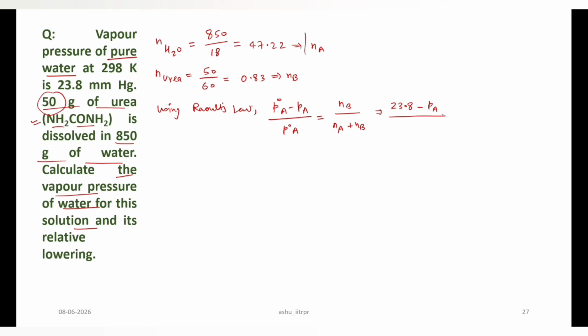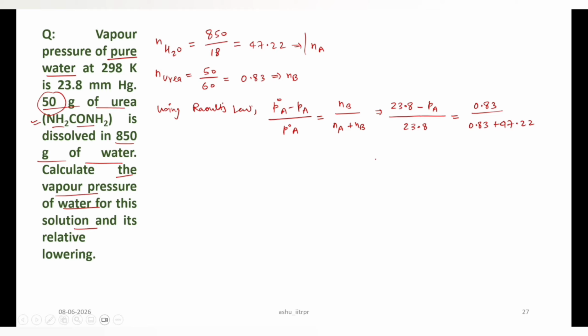What is P naught A again? You can write 23.8. So (23.8 minus PA) divided by 23.8 is equal to NB, which we have just calculated, 0.83, divided by Na plus NB, so 0.83 plus 47.22.